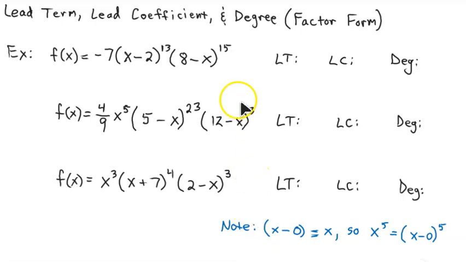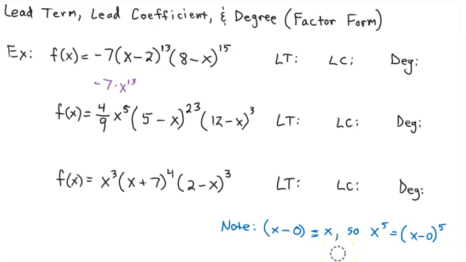So here's basically what you have to do, okay? To identify the lead term, you're going to take the number that's out front, okay? So we're going to take our negative 7. And then in each of these terms, you're going to take the x and raise it to this power, okay? So what we're going to have here basically is times x to the 13th power.